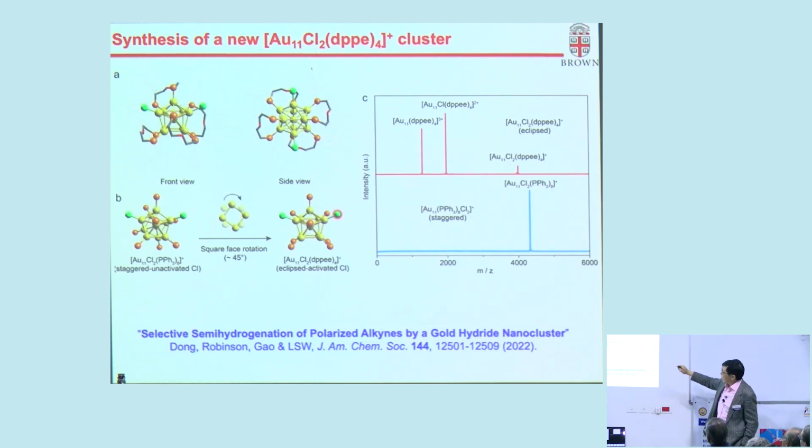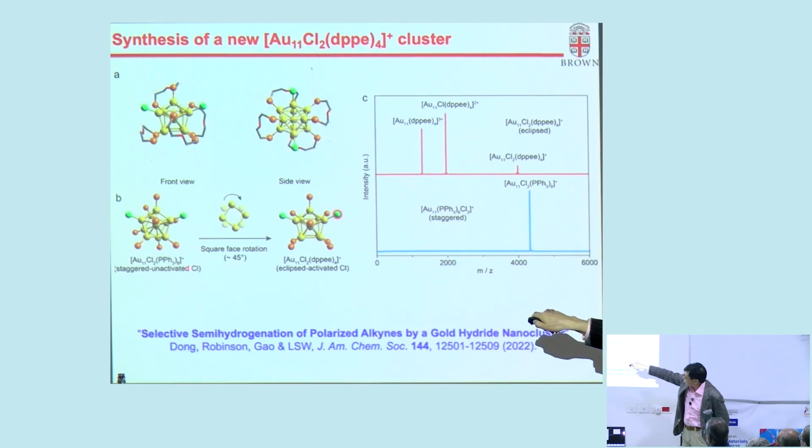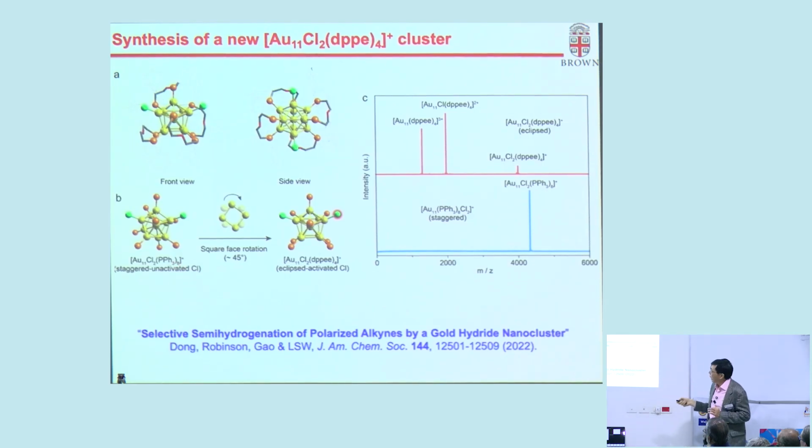So if you look at the Cambridge crystal database, you find that's the gold-11 with a triphosphine. And what it turned out is that this actual gold-11 has 2 chlorine ligands as the inner shell. But this new gold-11 also has 2 chlorines, but these 2 chlorines are actually labile.